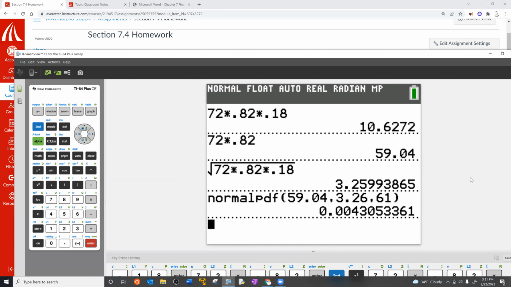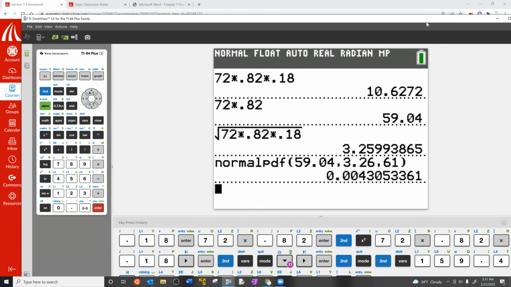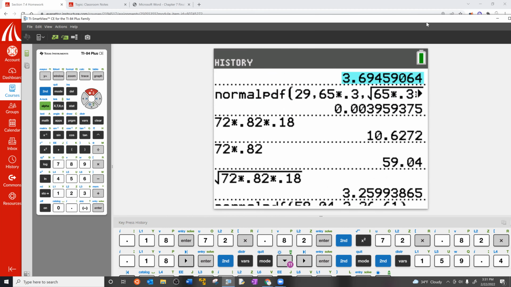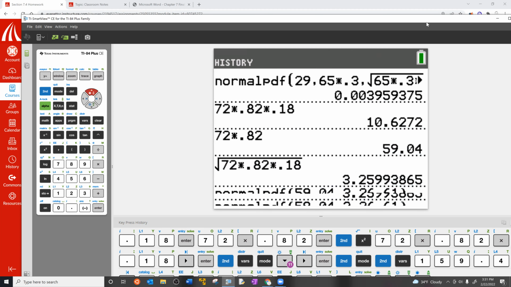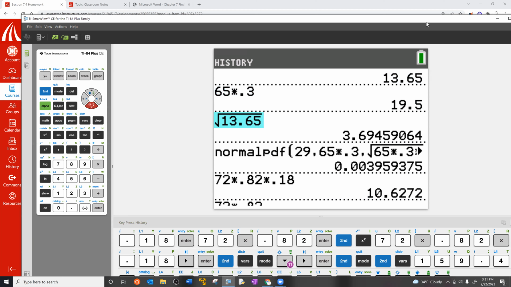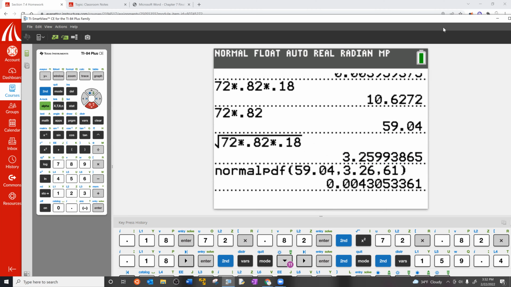Let me make sure we got the order right. Okay, the X value should go first. Yeah, that's what I thought.